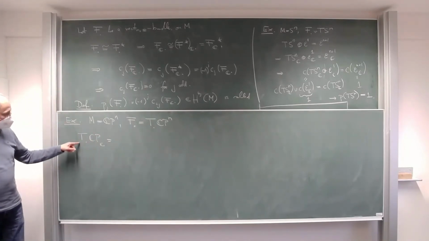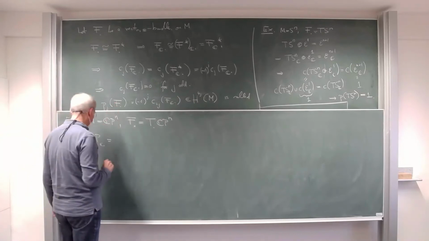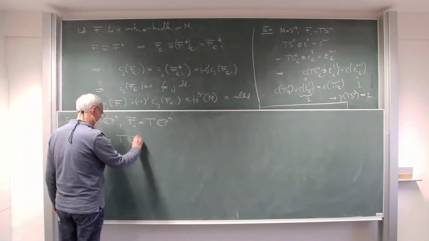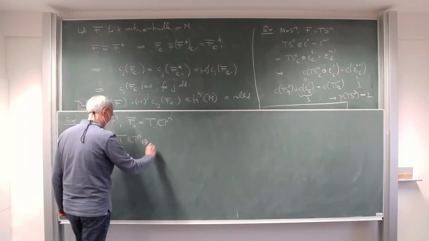we look at this as a real vector bundle, then as we have just discussed, this gives me the tangent bundle of CP^n as a complex bundle plus its conjugate.